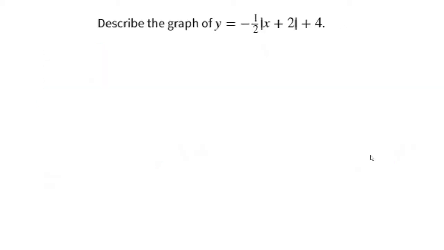Okay, one more. Describe the graph. Just in very basic terms, what did all these things do to it? Well, there's a negative out front. So it's reflected in the x-axis. Okay, it's flipped upside down is how you'd recognize that. Hey, there's a 1/2 right here.